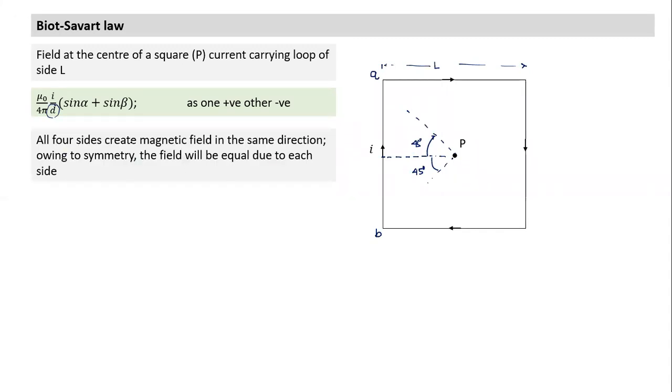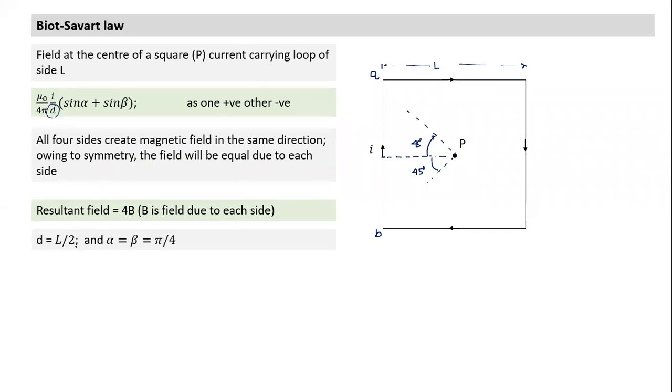So first thing, all four sides create magnetic field in the same direction. Owing to symmetry, the field will be equal due to each side. Resultant will be equal to 4B, where B is the field due to each side. Let me calculate: d is equal to L by 2. Alpha and beta are equal to pi by 4. Hence, the multiplicand will be equal to sine of pi by 4 plus sine of pi by 4.